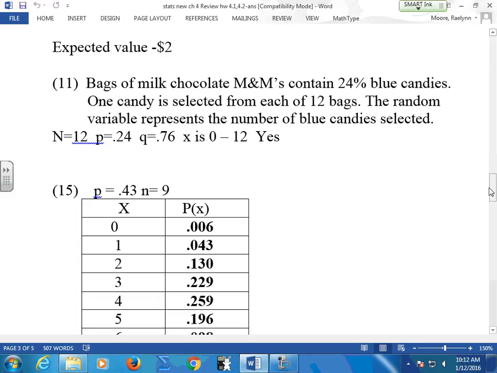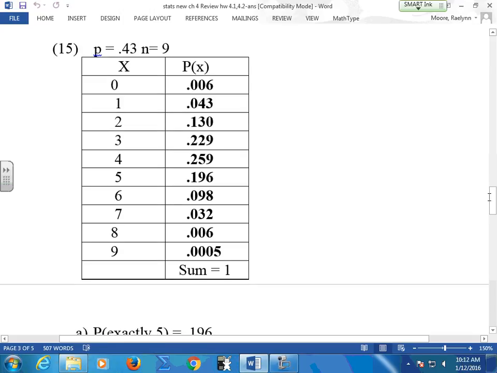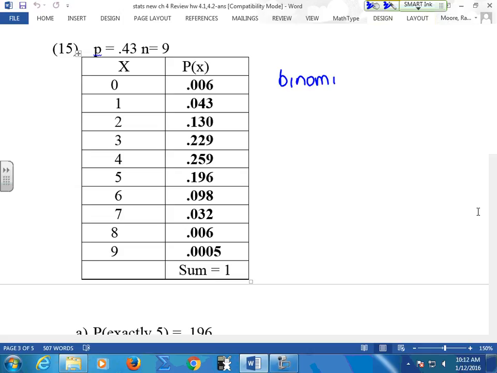Okay. And then this one, you had to make a chart. Once you make your chart, is everybody okay with making this chart? Again, binomial PDF. This is NPX. It's in alphabetical order. The number of trials, probability of success, and then let this one go from 0 to 9.